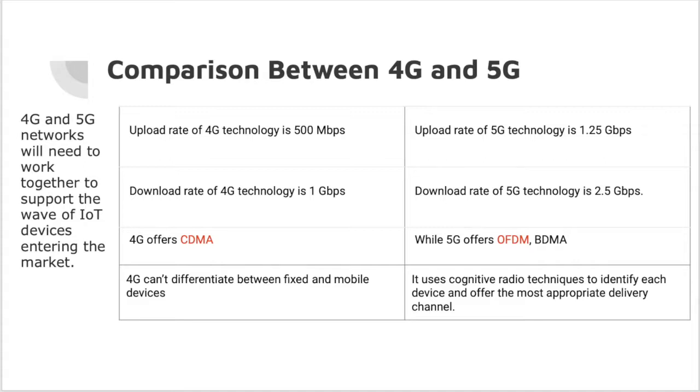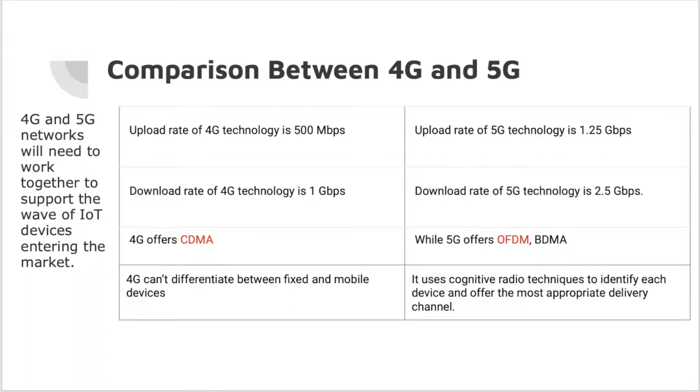Third, 4G offered CDMA, while 5G offered OFDM, which stands for orthogonal frequency division multiplexing, which can be considered for IoT devices due to its energy efficiency, because IoT devices would have various constraints because of limited processing capability and energy sources.